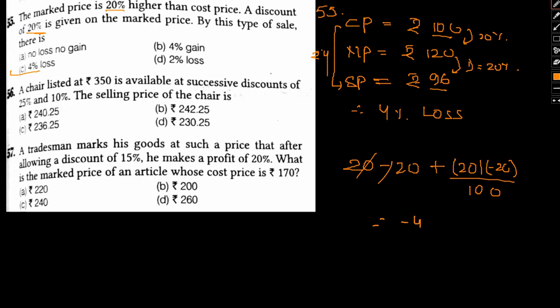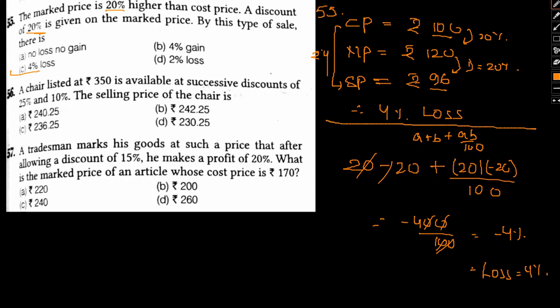Then we have minus 400 by 100, or 4% minus, that is loss, 4%. Okay, so either way, you know the formula again, a plus b plus ab by 100. So either you could have solved it this way or this way. So any one is correct. You could have attempted any way possible. So I hope it is clear.